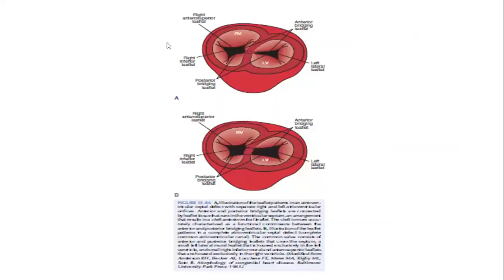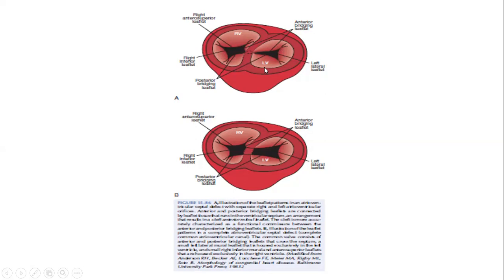And there should be one common AV valve, usually a 5-leaflet valve, and there will be a cleft in the anterior mitral leaflet. The right anterior superior leaflet and the right inferior leaflet are completely dedicated to the right ventricle, and the left lateral leaflet is completely dedicated to the left ventricle.